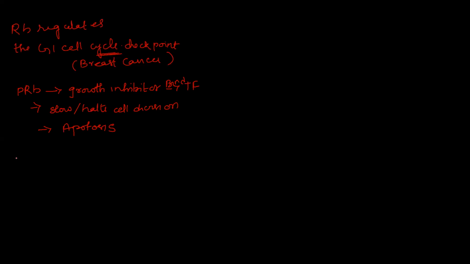So this RB-like protein can regulate the transcription of rRNA and tRNA. That means it can control both transcription and post-transcription events in the cell.